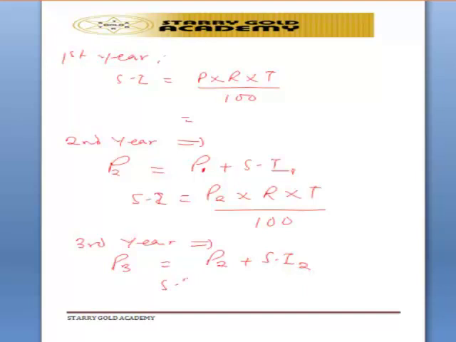Then my simple interest will be principal in year 3 times rate times time over 100. I will get the value. So what I mean is that it's only the principal that will be changing. Other variables like rate and time will not be changing.